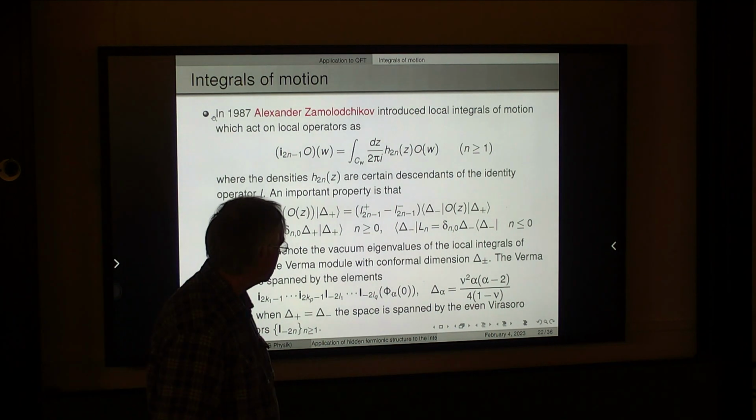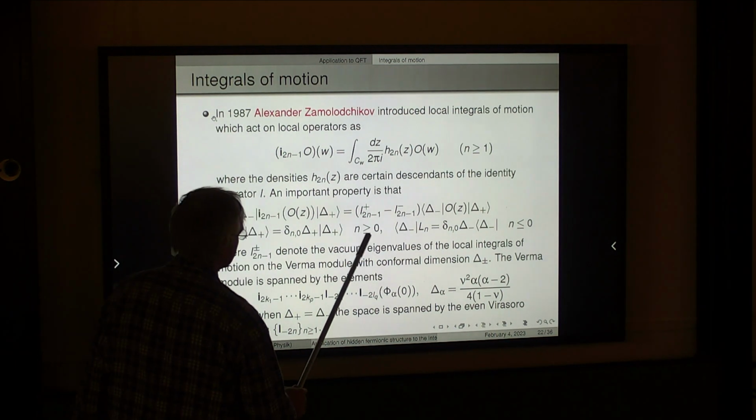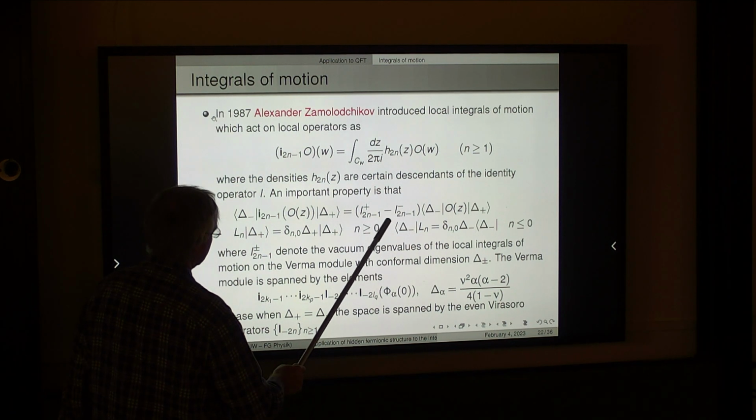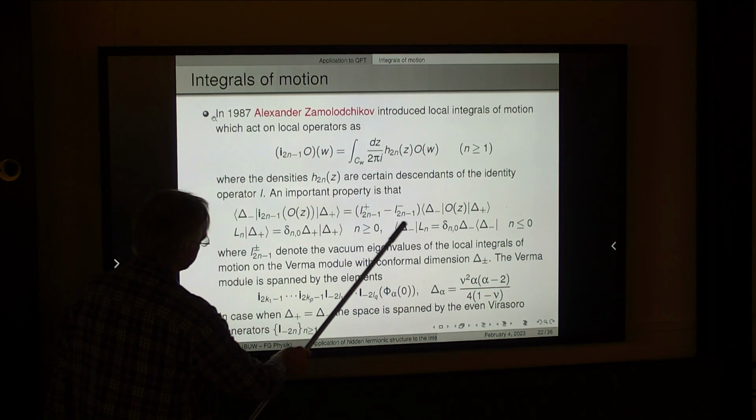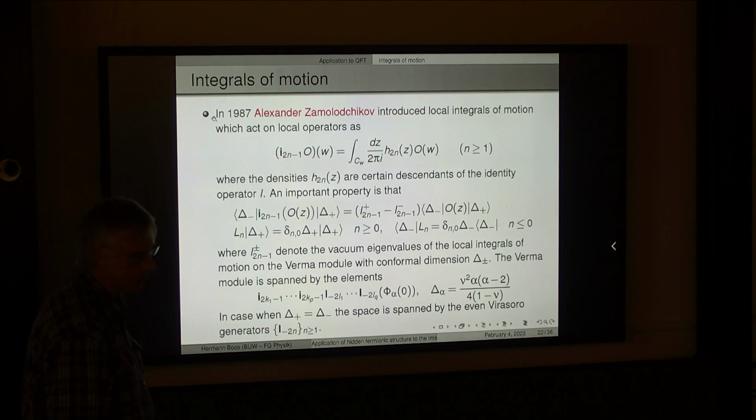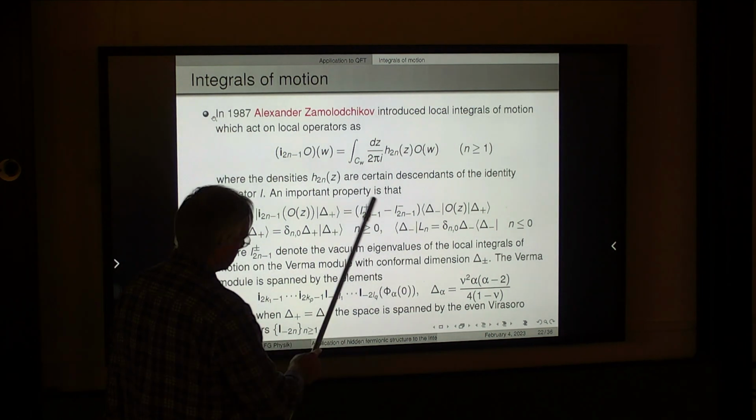Sometimes we call them dual. And look, if delta plus equals delta minus, then I plus will be equal to I minus. And that's why it will be 0 on the right-hand side.